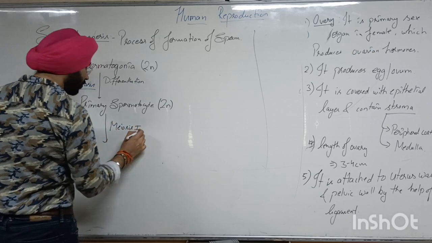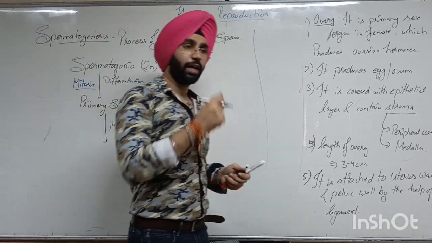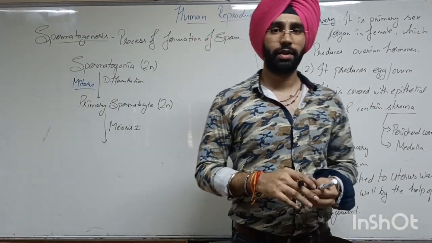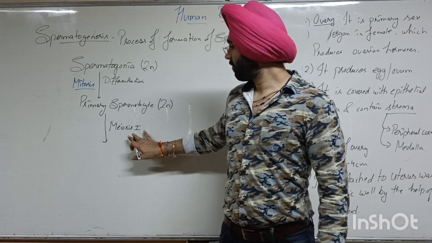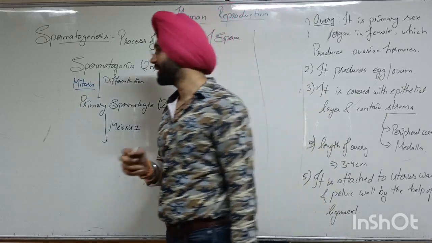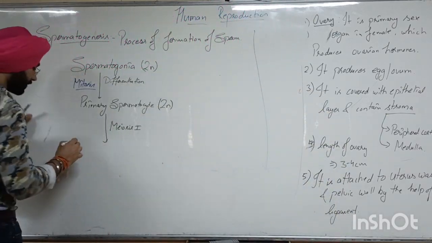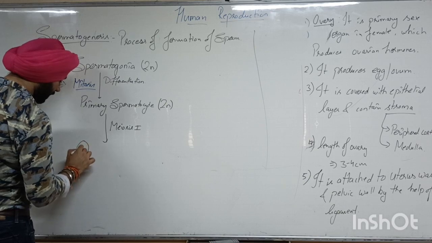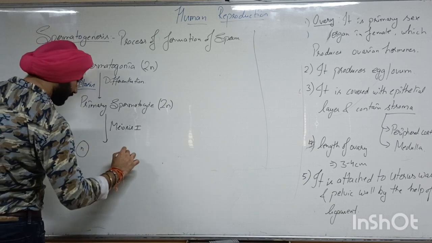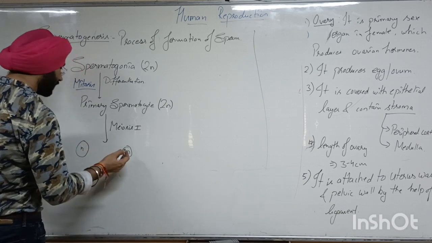Meiosis first, you have already studied under the cell division chapter, makes only 2 haploid cells, that is n and n.